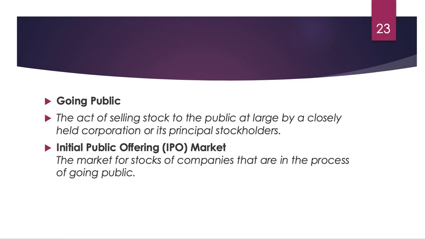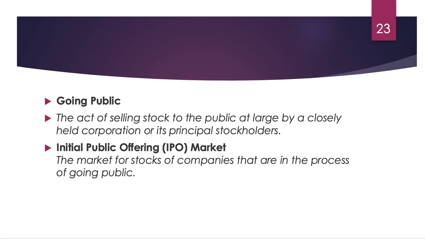We need to introduce also these concepts of going public and the IPO. Basically, the act of selling stock to the public at large by a closely held corporation or its principal stockholders. So this is the definition of what we mean by going public.